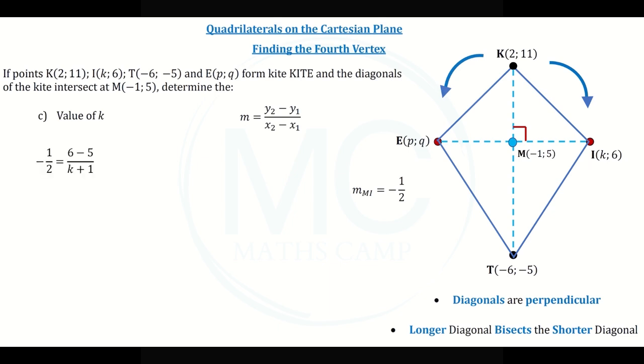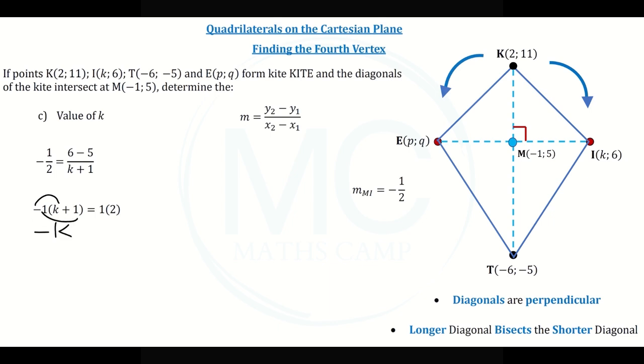Now we need to solve for k. So let's multiply by the lowest common denominator. We're going to multiply negative 1 by k plus 1. On the right, 6 minus 5 gives us 1, and we're going to multiply it by this denominator of 2. On the left, we now have negative 1 multiplied by k, which is negative k.